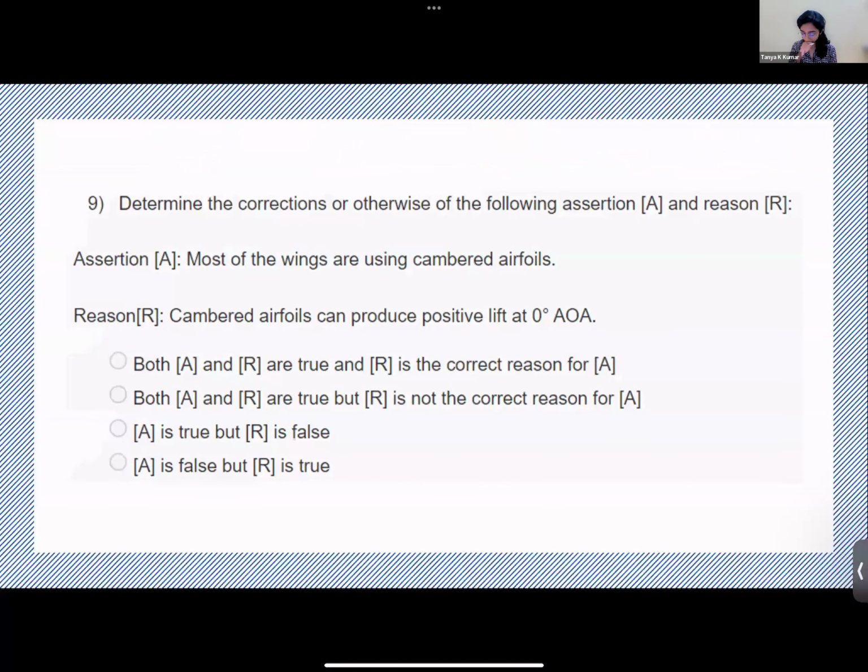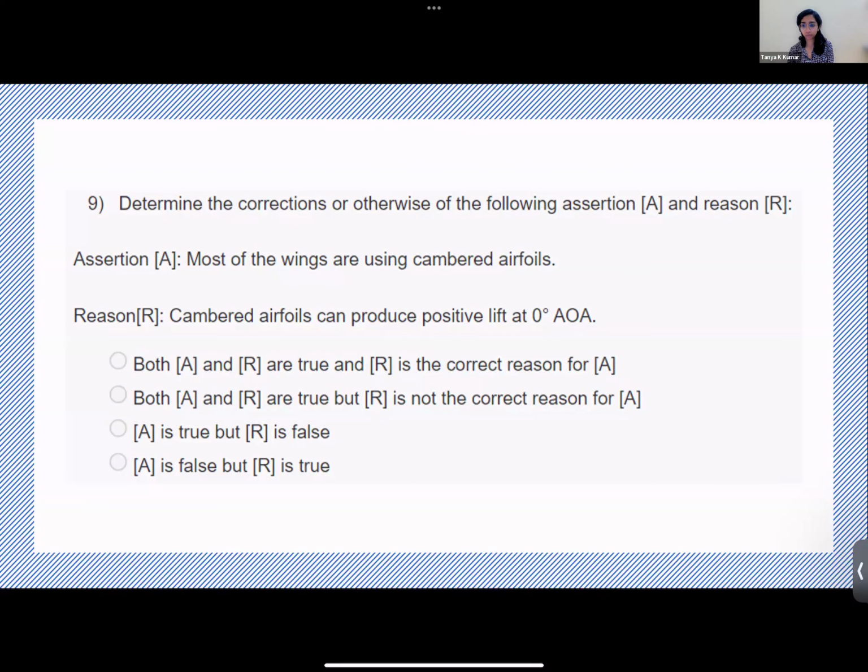Determine the correctness or otherwise of the following assertion and reason. Read the two statements. The assertion says most of the wings use cambered airfoils, and the reason says cambered airfoils can produce positive lift at 0 angle of attack. Is the first statement true? Most of the wings use cambered airfoils.